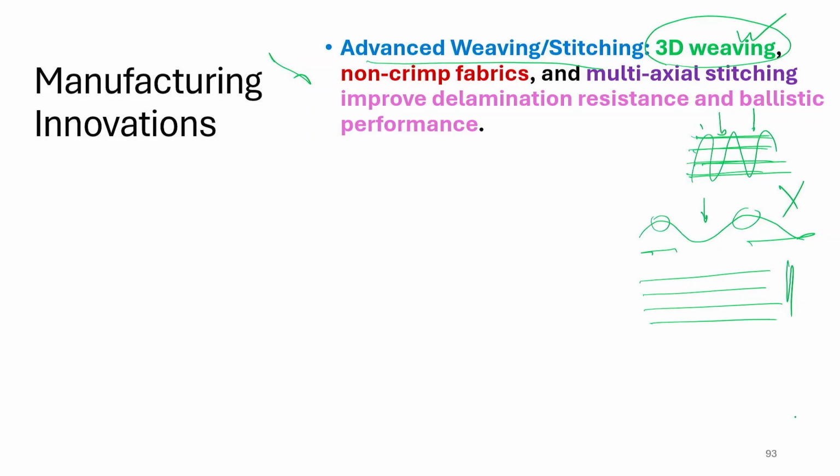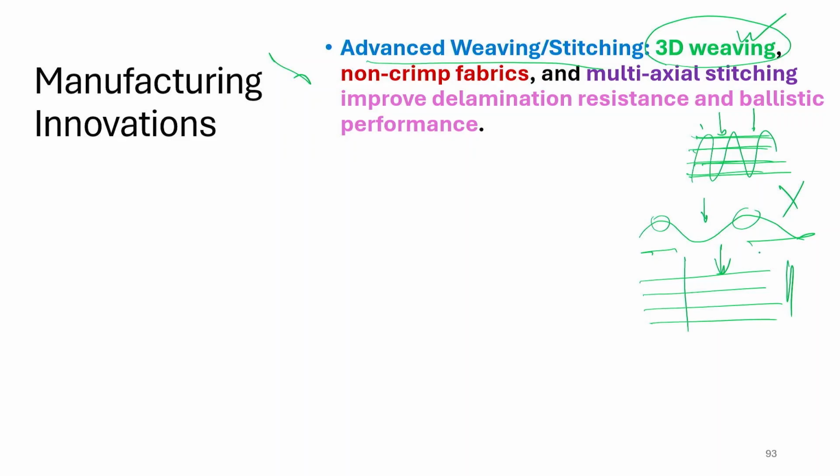What will happen in this type of fabric when an impact load is there, the load will get transferred to the fiber and the fiber will start taking the load by stretching.